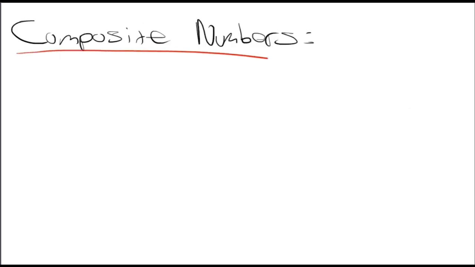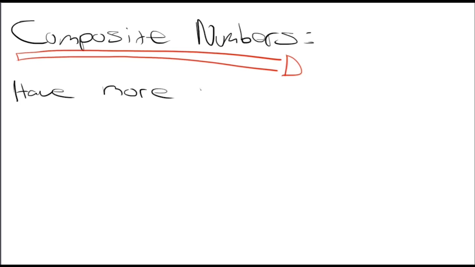Composite numbers. What are composite numbers? So we just spoke about prime numbers, and now composite numbers are any numbers that are not prime numbers. So these are numbers that have more than 2 factors.